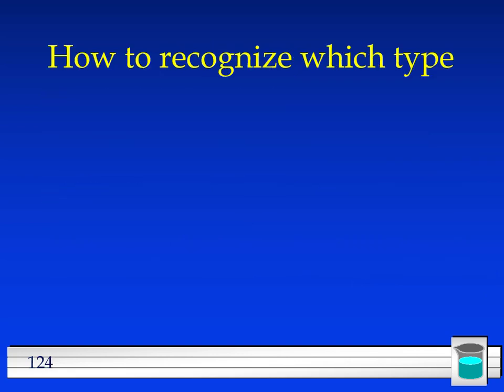So, as you found the other night, your first step is to recognize which type of reaction it is. So here's the ones I expect you to be able to recognize. And you're going to have to be able to recognize them from just the reactants. Because if I tell you what the products are, you're not trying to figure out what type it is.